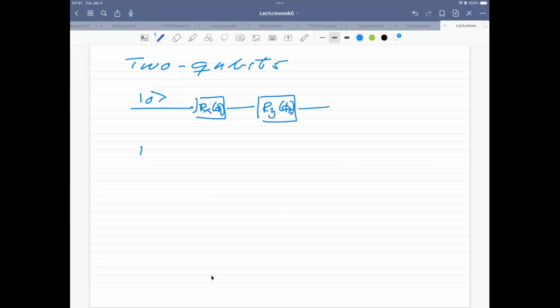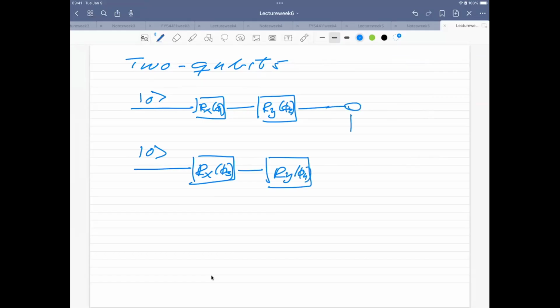We could do the same with the second qubit, an Rx of phi 3, and then a new angle, phi 4. And then we could entangle them by setting up a C0 gate.